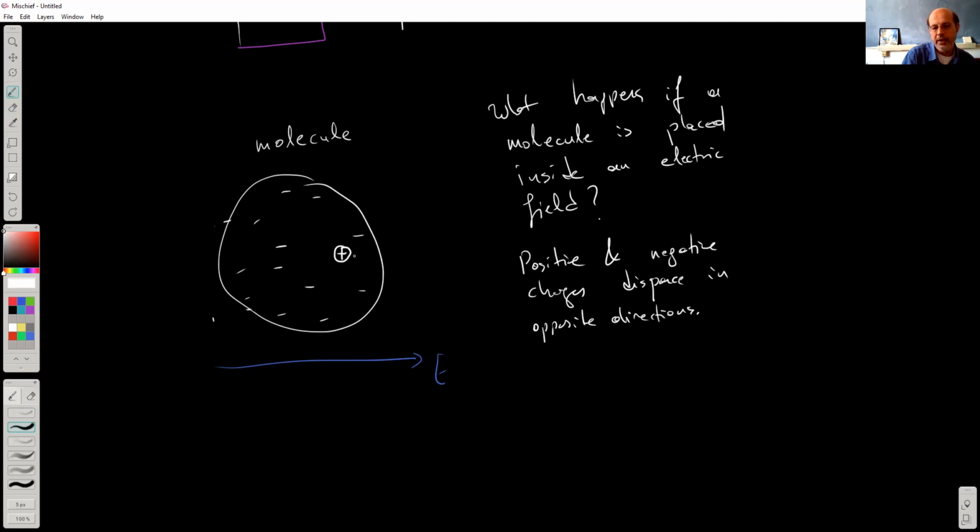Okay, so this configuration basically looks like a dipole, where I can imagine it like this. There's a negative charge in here which is displaced towards the left side, and a positive charge which is displaced towards the right side. So therefore there is a dipole moment. That means a dipole is produced.